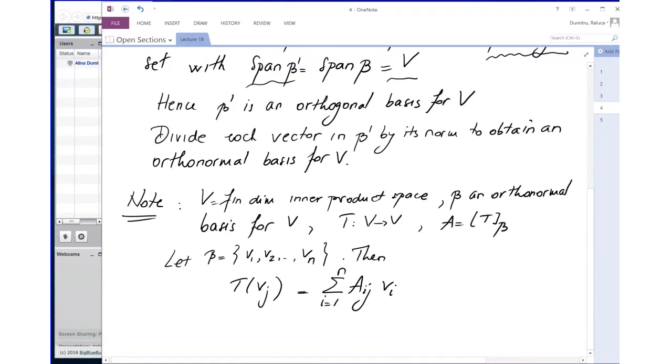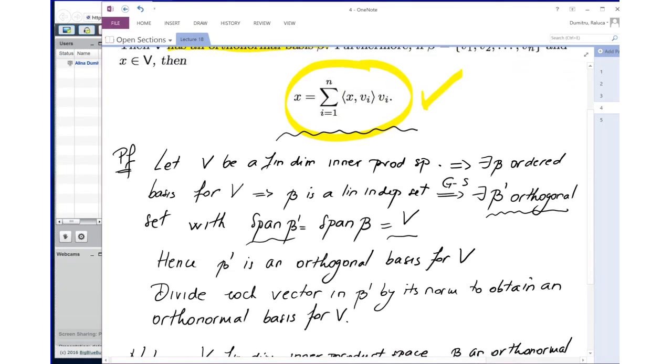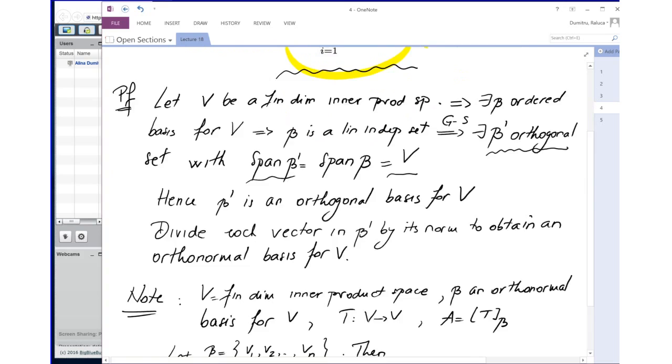It's a linear combination that looks like this, the sum of Aij Vi, right? And then Aij would be the entries of the matrix A. However, according to this theorem above, with x replaced by T of Vj, what do I get? I get that T of Vj is the sum of the inner product between T of Vj and Vi times Vi, right? Just replace x by T of Vj.